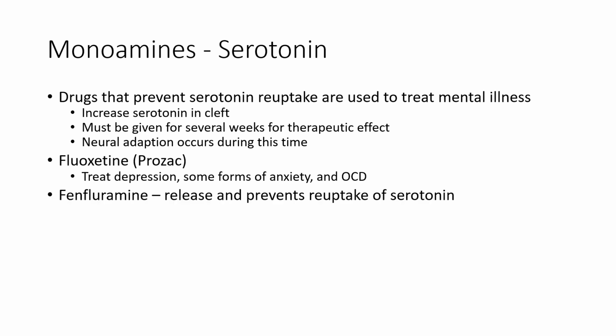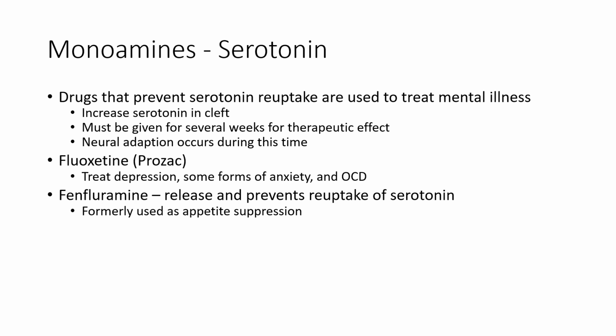Fenfluramine, this drug prevents reuptake of serotonin. This is also formerly known as fen-phen. If you all know anyone who lived through the 90s, or if you lived through the 90s, then you are at least familiar with the term fen-phen. Fen-phen was a diet pill, basically, and it was meant to be an appetite suppressant.